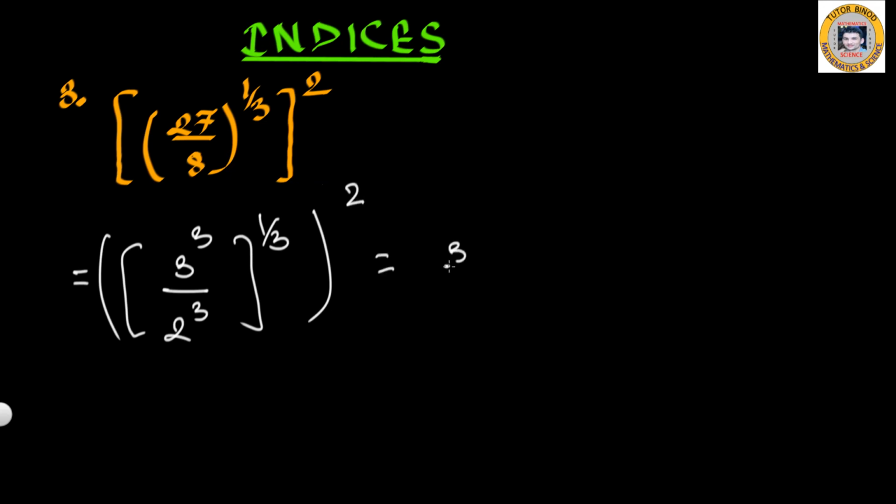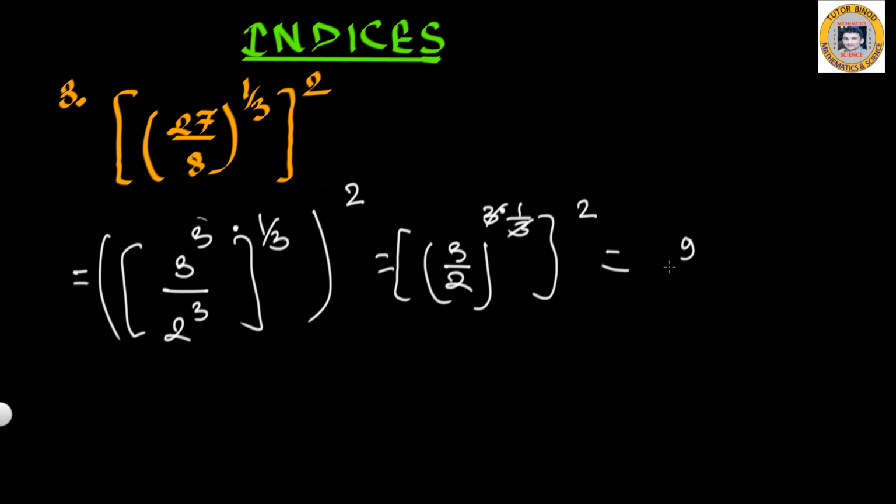So this is 3/2. This power we can multiply, so 3 times 1/3, and this is gone, but this is raised to the power 2 altogether. Now 3 to the power 2 is 9, and 2 to the power 2 is 4. So this is our answer. That's how we do this problem.